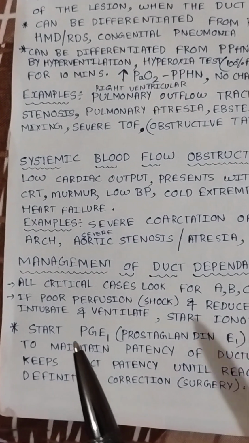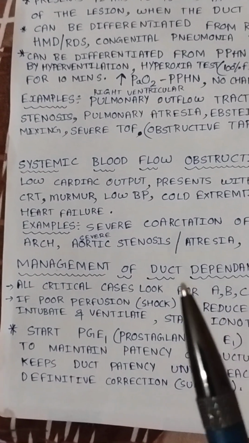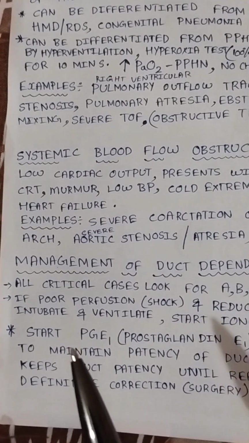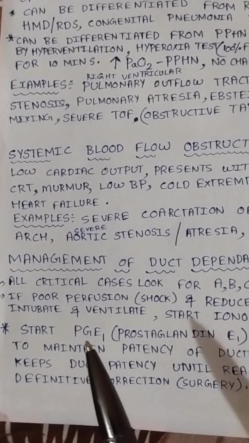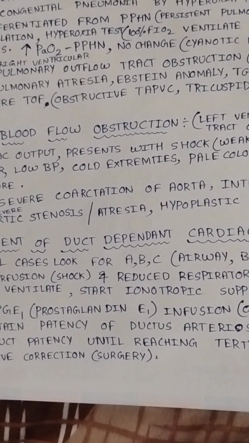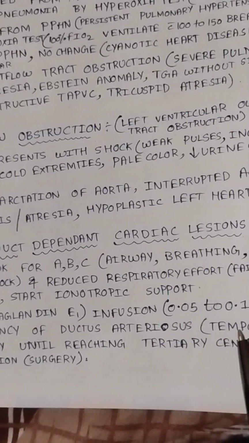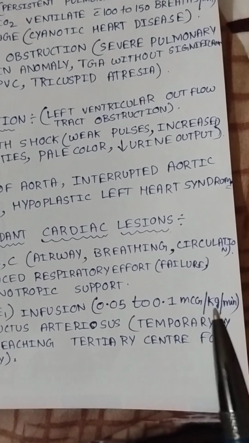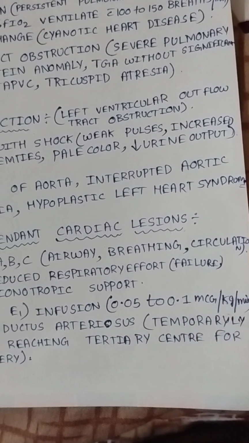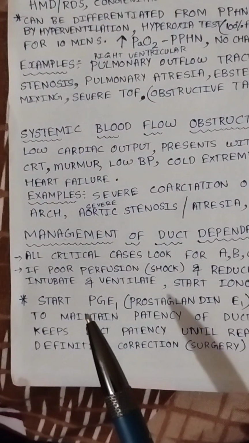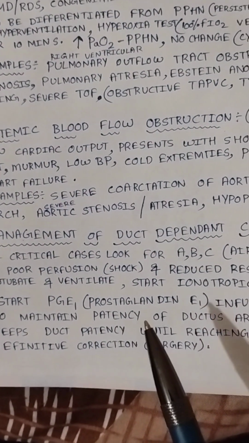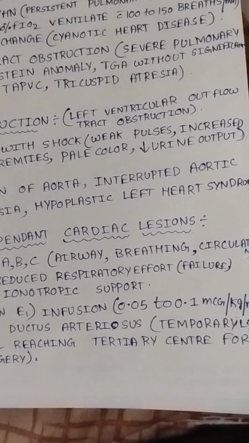The next step is to keep the ductus arteriosus patent. For that, the treatment of choice is prostaglandin E1 infusion, 0.05 to 0.1 mcg per kg per minute. The infusion should be started immediately, and it will help maintain the patency of the ductus arteriosus.